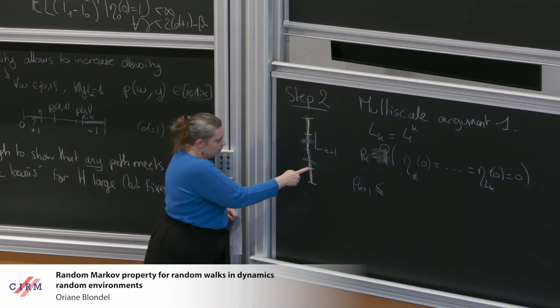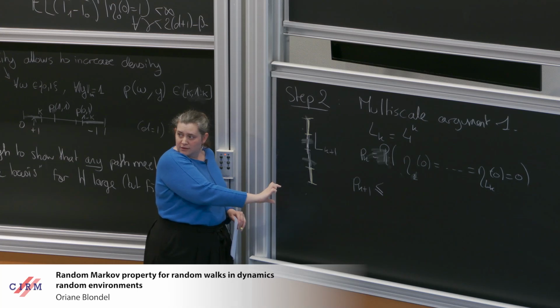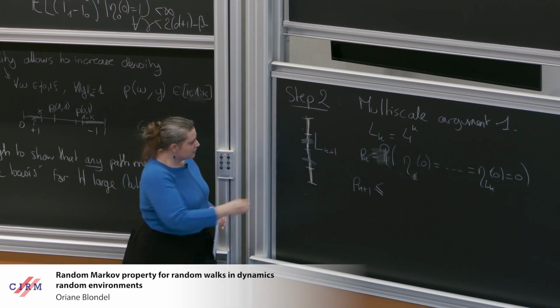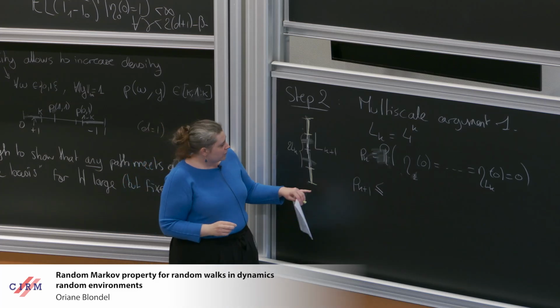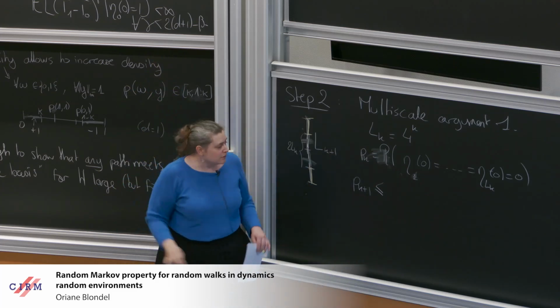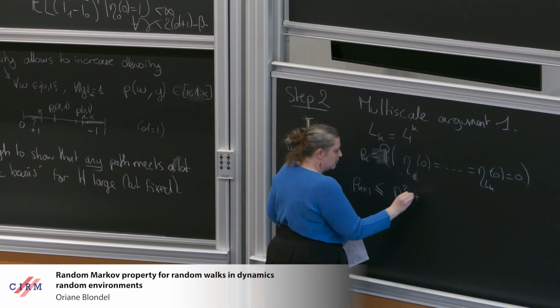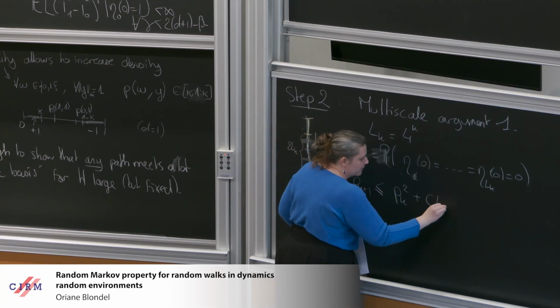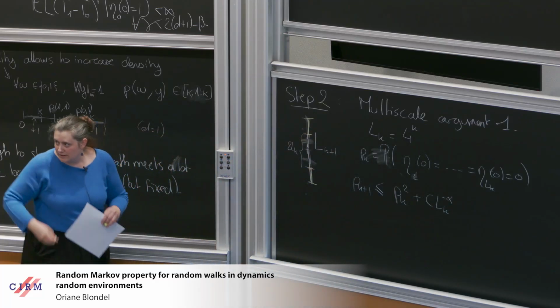And now those two things only look at eta in separate boxes, and the boxes are separated by 2L_k. So I can use my decorrelation hypothesis to say that this is smaller than p_k squared plus something that depends on L_k, that decays with L_k.